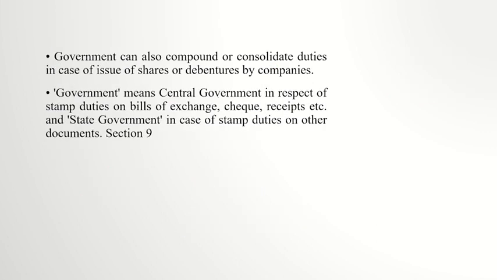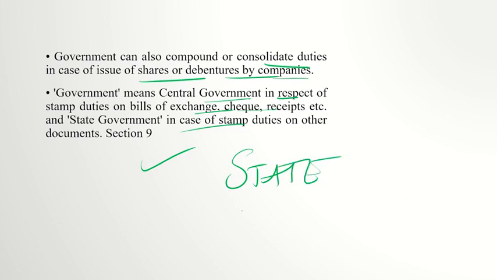The government can also compound or consolidate the duties in case of issue of shares or debentures by companies. Here government means the central government in respect of stamp duties on bills of exchange, and the state government for other documents. For most things, the state government has the powers.